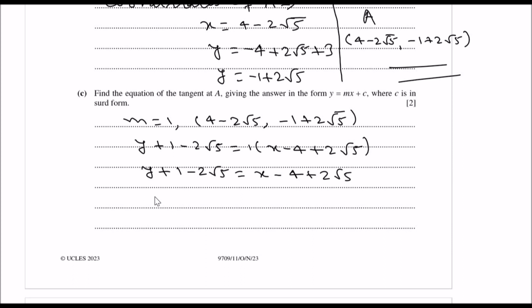Now let's write y equal to x minus 4 plus 2 root 5, and take the 1 minus 2 root 5 to the other side: x minus 4 minus 1 plus 2 root 5 plus 2 root 5. So y equal to x minus 5 plus 4 root 5. So this is the answer for this question.